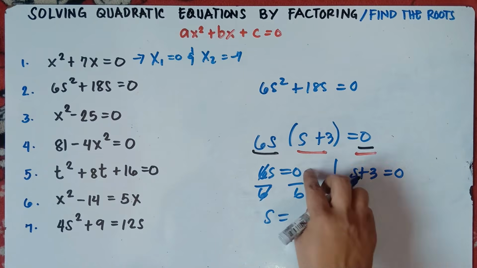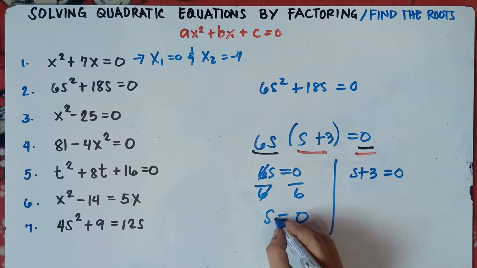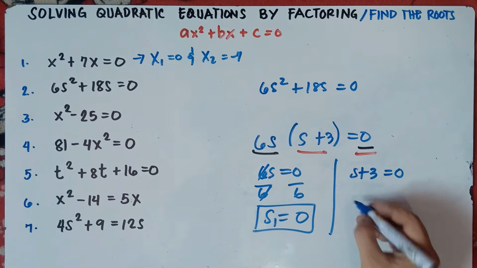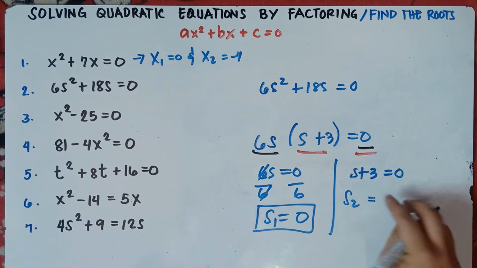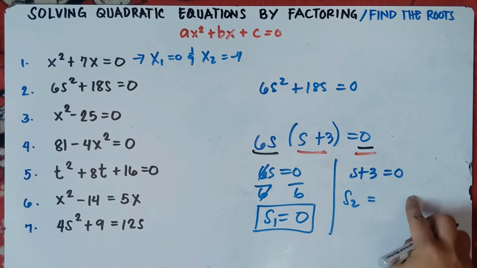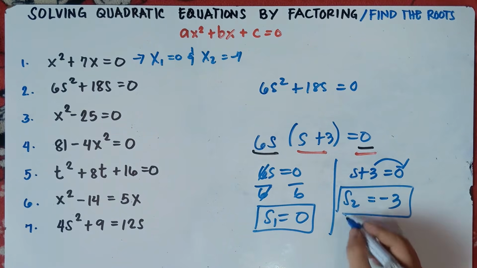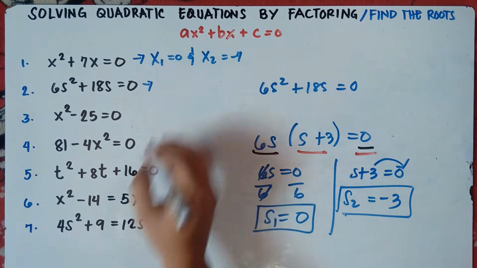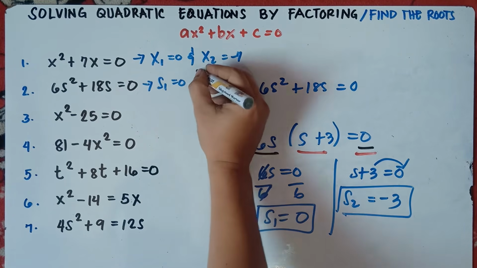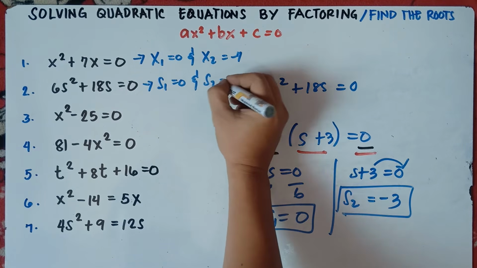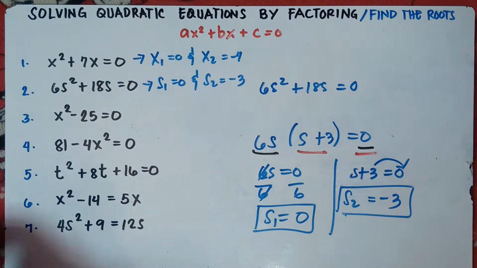So s equals 0 divided by 6, that is 0. So s sub 1 is 0. For s sub 2, transpose 3 from left to right. So this is positive, it will be negative. This will be your s sub 2. So s sub 1 equals 0, and s sub 2 equals negative 3.